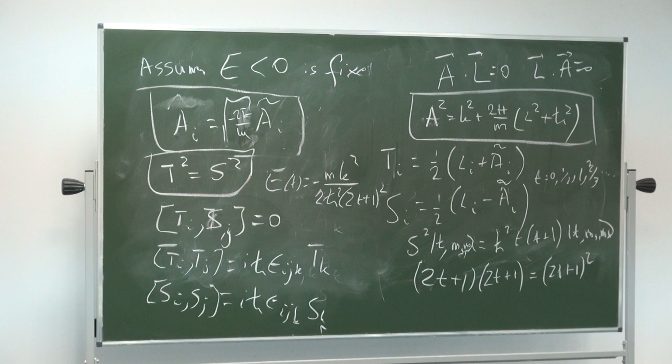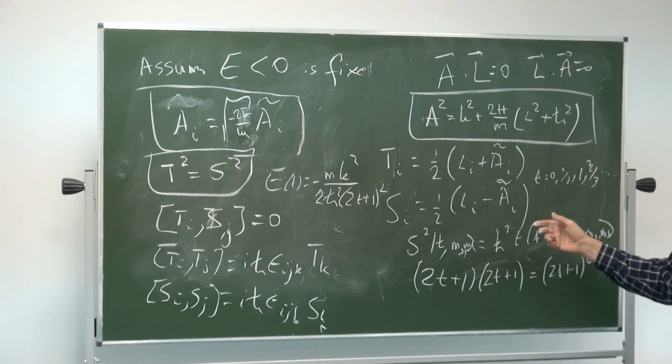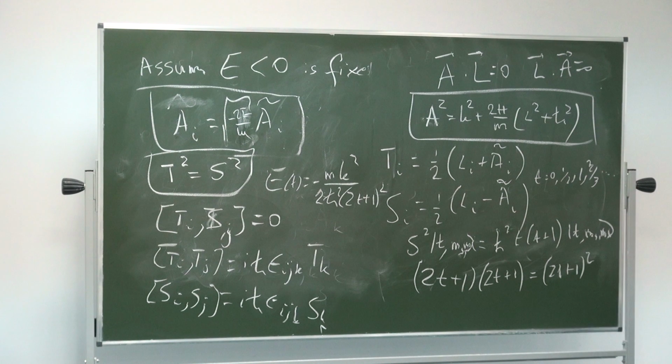Yes. What immediately comes to mind is that there is this maximal state when Ms and Mt are equal to minus T, and on that you can build the hierarchy of other states by applying S plus and T plus operators, and this way, from the solution of one problem, you can generate all the other states.